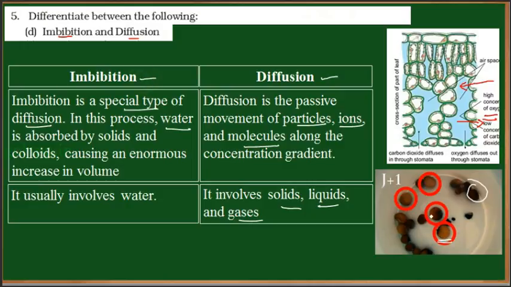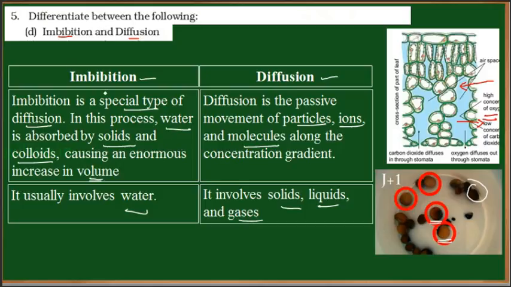So here we can see the size of the seeds has increased. Its volume has increased. So it usually involves only water and it is absorbed by solid substances. So here there is no requirement of a living substance. Any solid substance, any water-loving substance can absorb the water from the surface. So this process is called imbibition.